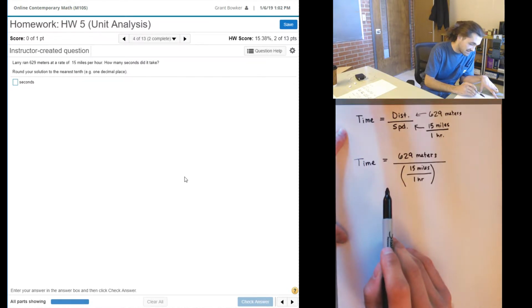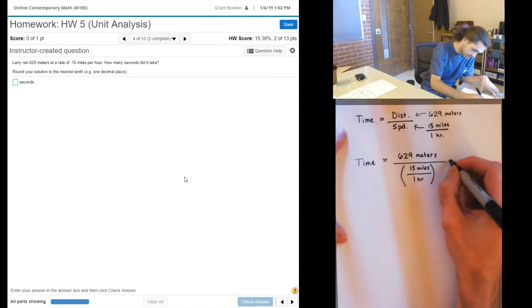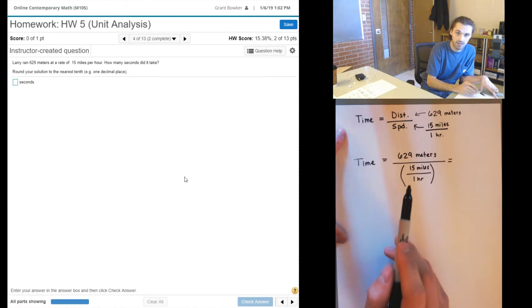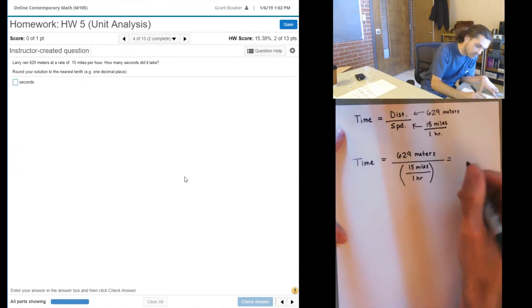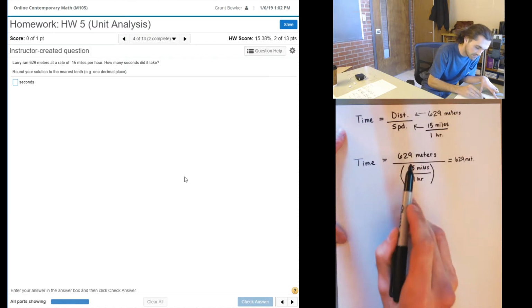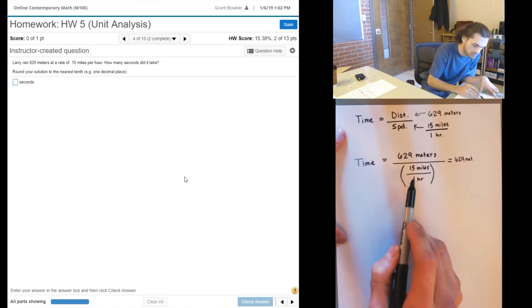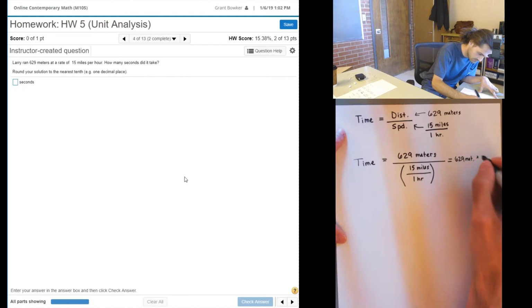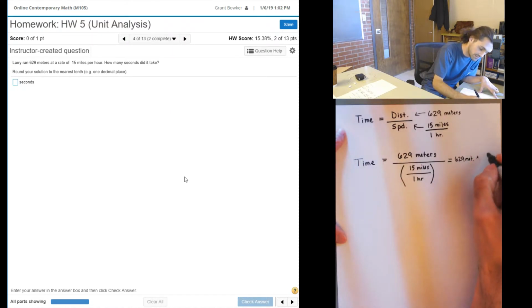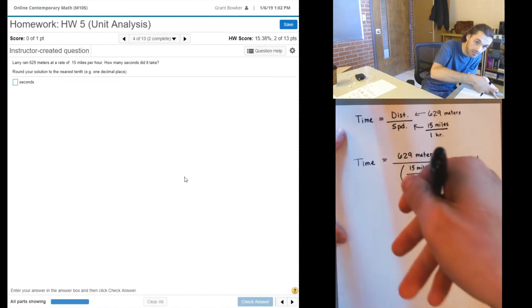That is a huge pain, so let's get rid of that using the old clever trick: do not divide by a fraction, multiply by its reciprocal. So we're going to take this 629 meters, and instead of dividing by this fraction, we're going to multiply by this fraction's reciprocal, which is simply this same fraction but flipped upside down.